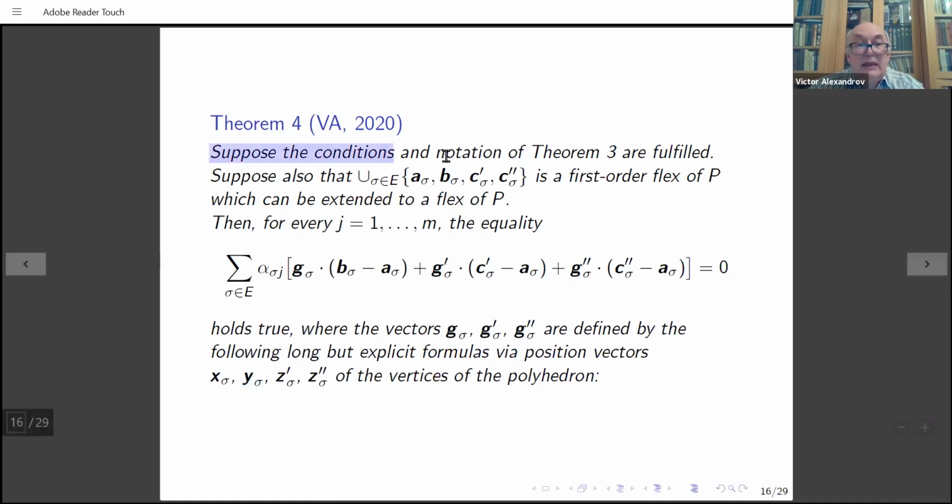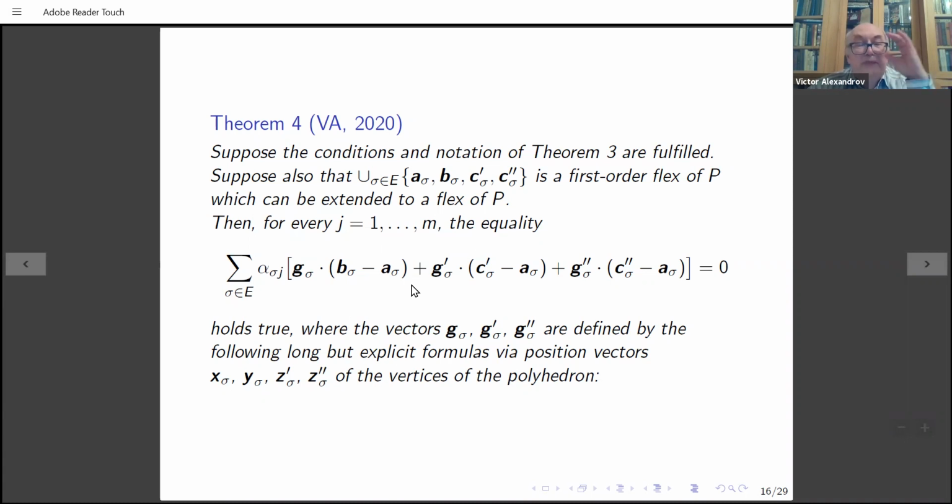So these are the conditions of our theorem, and the conclusion is that for every j from 1 to n, this equality holds true, where the vectors g sigma, g prime sigma, g2 prime sigma are defined by the following long but explicit formulas via position vectors of the vertices of the polyhedron.